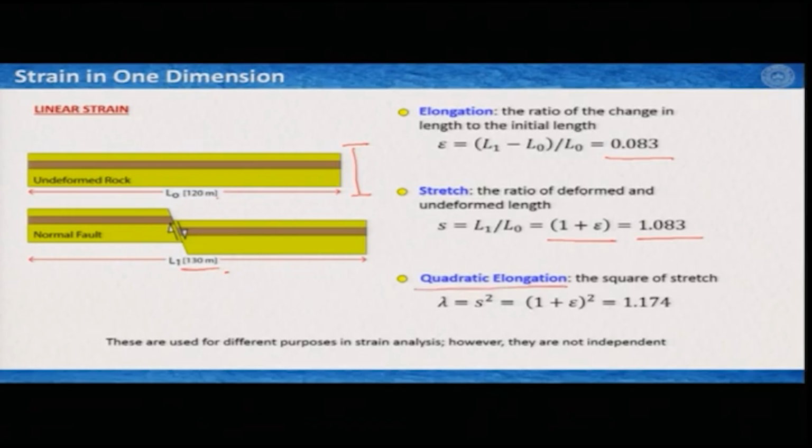And quadratic elongation is nothing but the square of the stretch, and in our example this is 1.174. As you can see, these 3 parameters are not independent. If I know one, then I can also get the other 2 parameters very easily. However, they are used for different reasons and different purposes in analyzing strain.